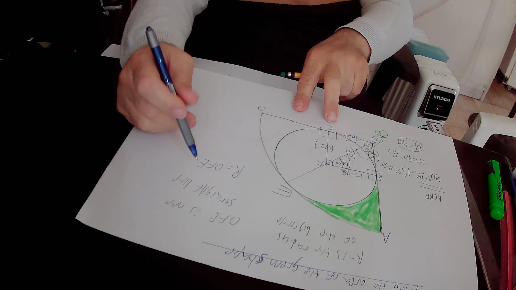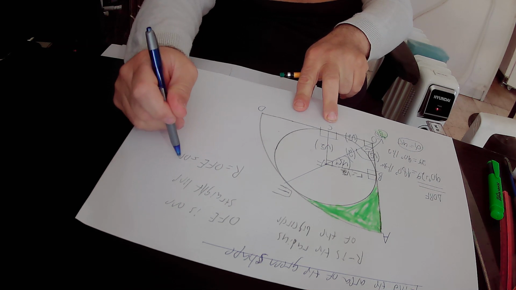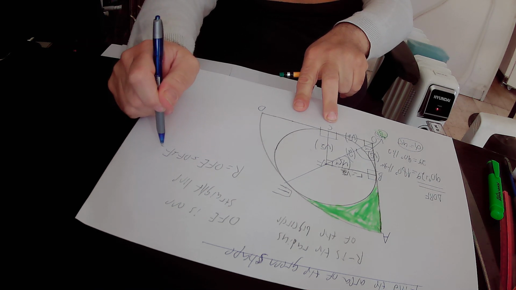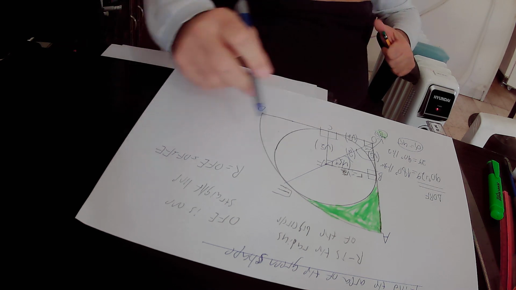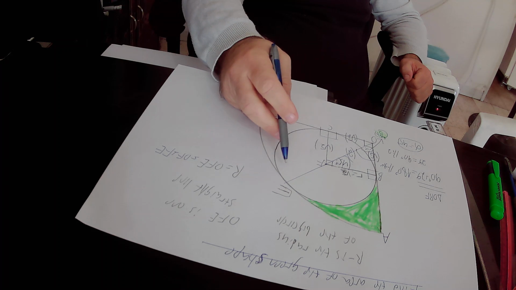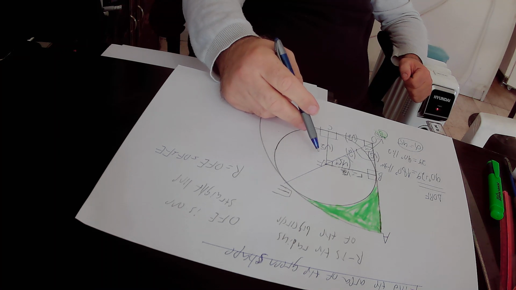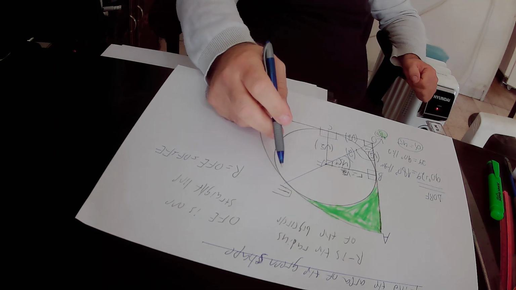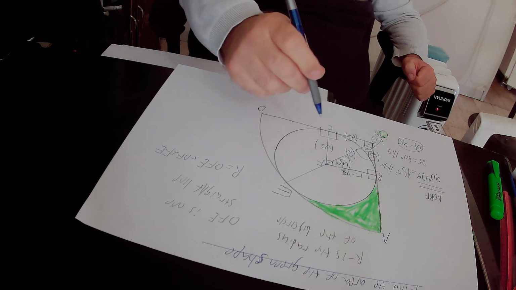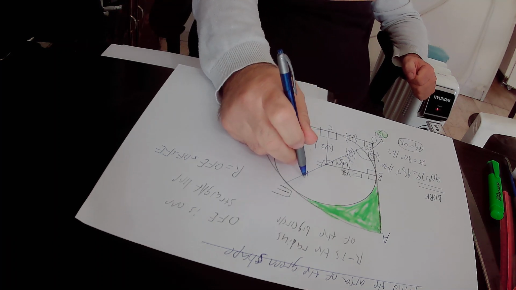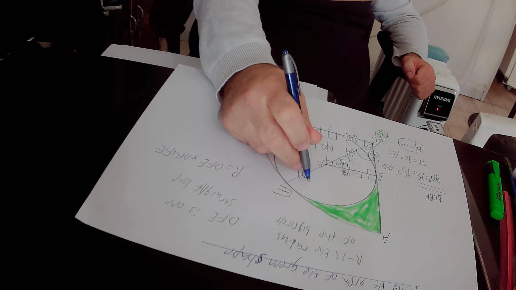What is the definition of line segment FE? Point F is the center of the small circle, point E is the point on the small circle itself. Therefore, FE is the radius of the small circle, that is equal to the square root of 2 units according to what is given in the question.